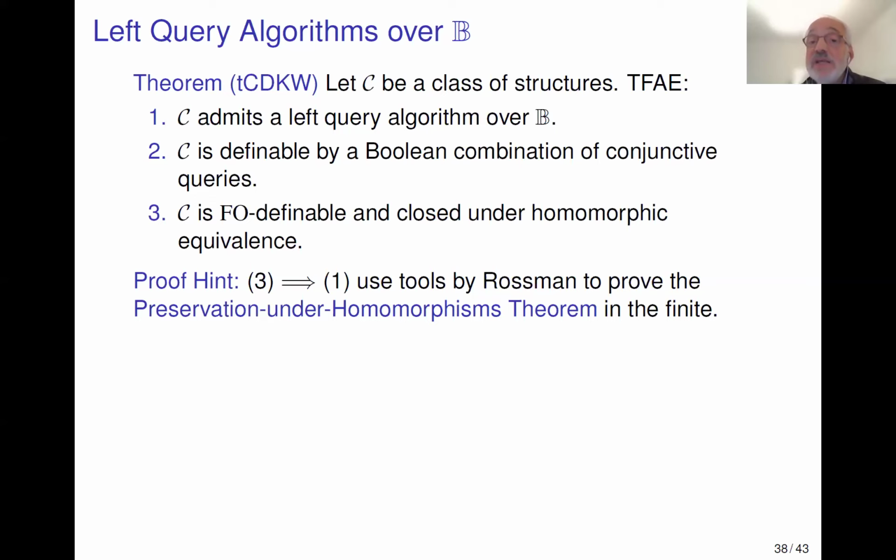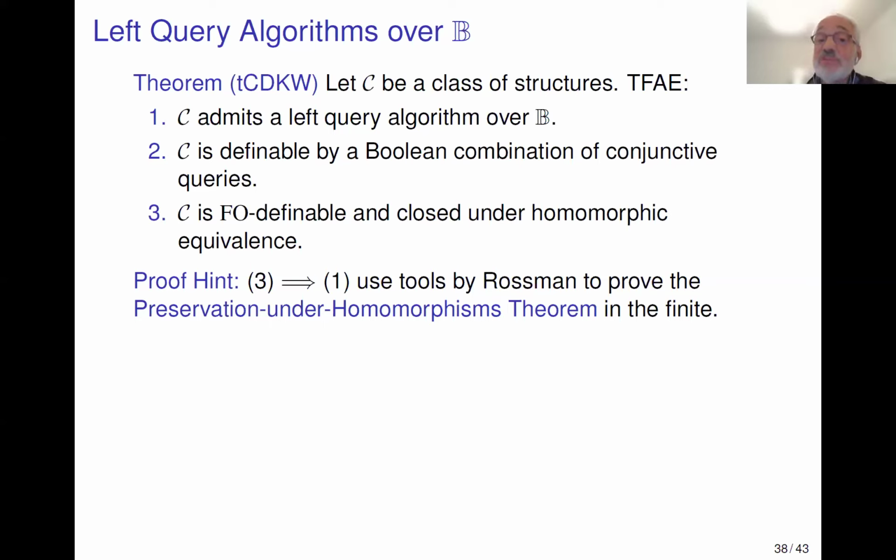And the heavy machinery comes from tools that Ben Rossman developed in 2005 when he proved the preservation under homomorphism theorem in the finite. It doesn't follow from his theorem, which says that a first-order sentence is preserved under homomorphisms on finite structures if and only if it is equivalent to an existential positive sentence.